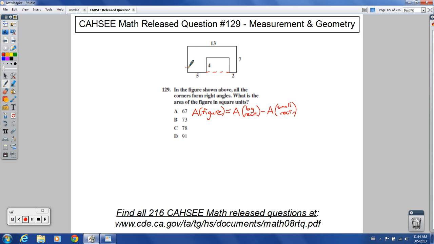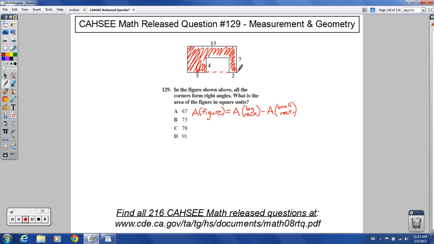What we're finding is this part right here. Why don't I actually shade that in? I'll have you shade that in for me too. We're finding the area of that part right here. We're going to be taking the big rectangle and subtracting this smaller part from it.